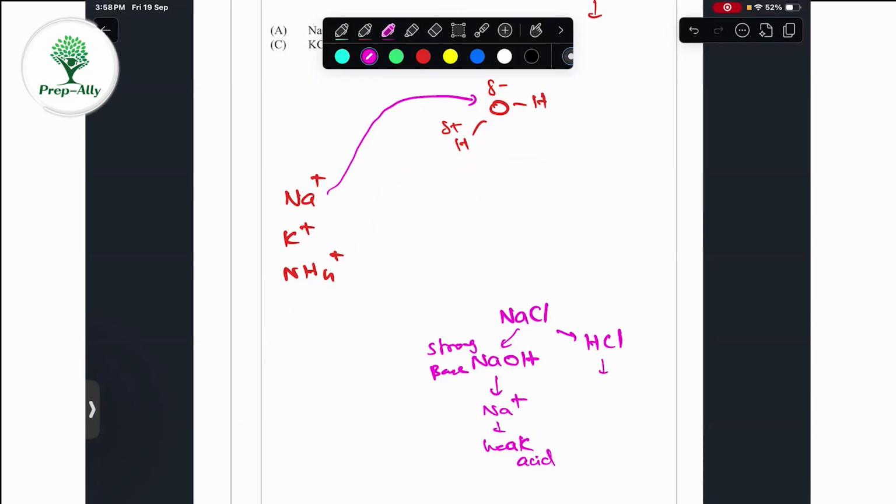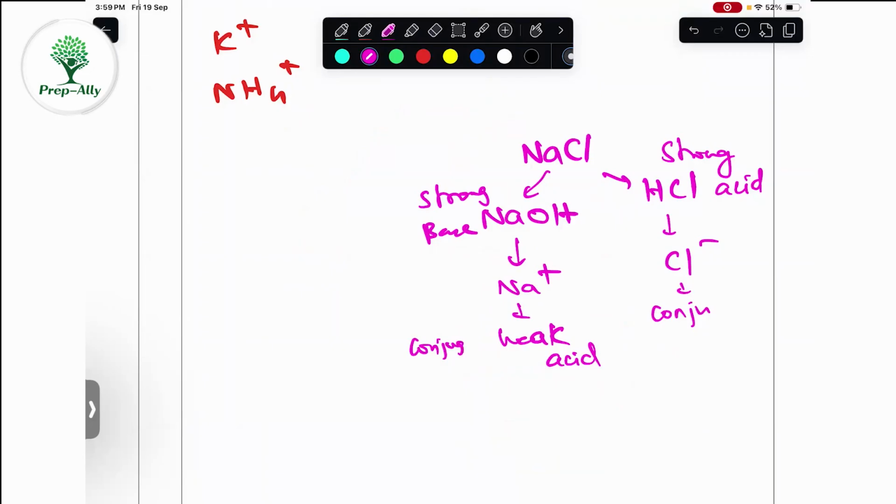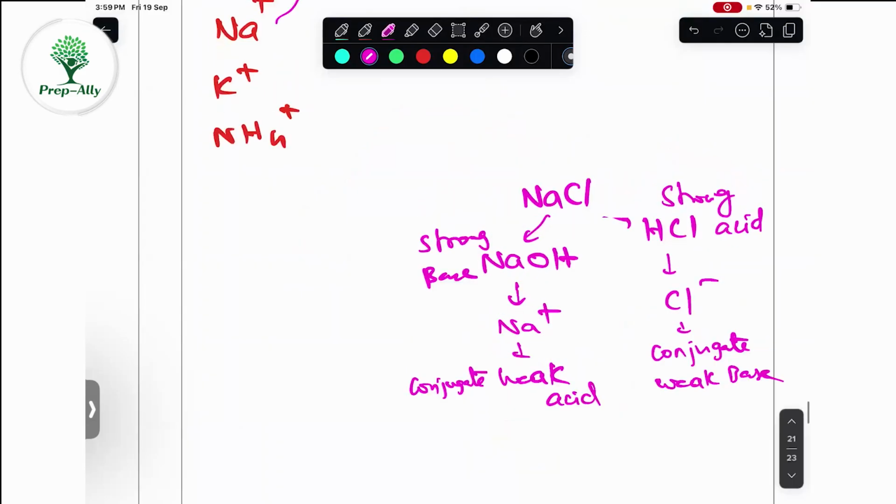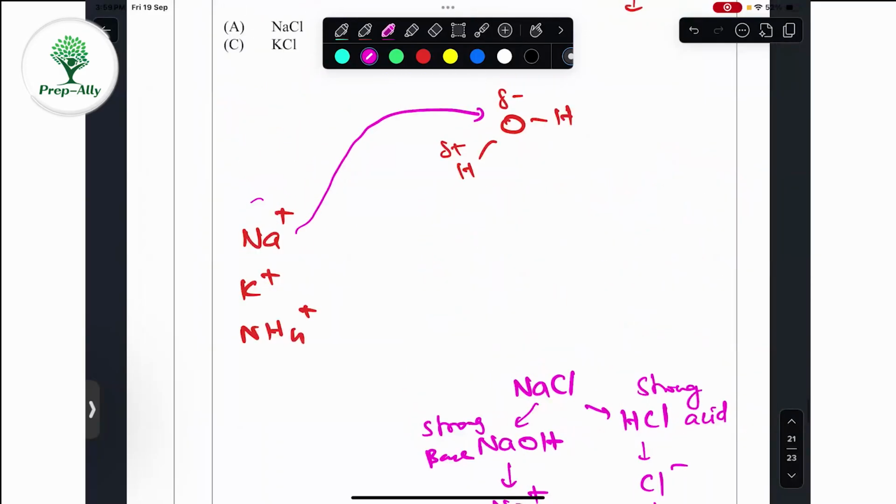And what about this HCl? It is a strong acid. It will produce Cl minus ion, which is going to be a weak conjugate. You can use the word conjugate. So Cl minus is a conjugate weak base. So this is a weak acid.